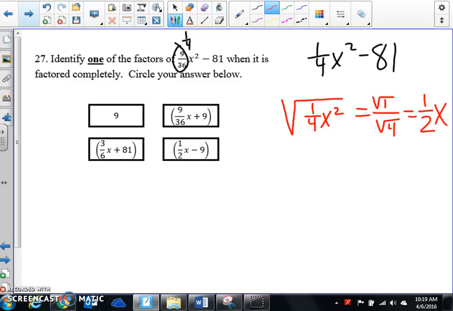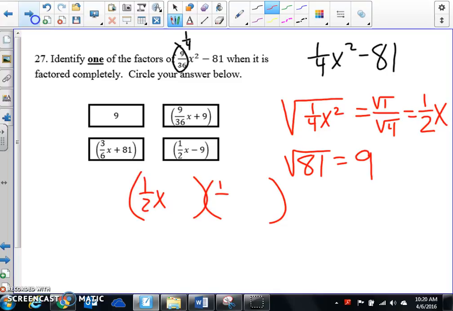Then we do the square root of 81, which is 9. So my factors would be 1/2 x plus 9 and 1/2 x minus 9. So my only factor is this one. And let's get real, this is not simplified. I don't know where you would get 9 from. So really, it's process of elimination as your last resort if you need be.